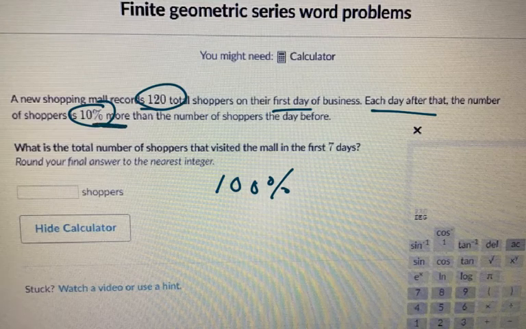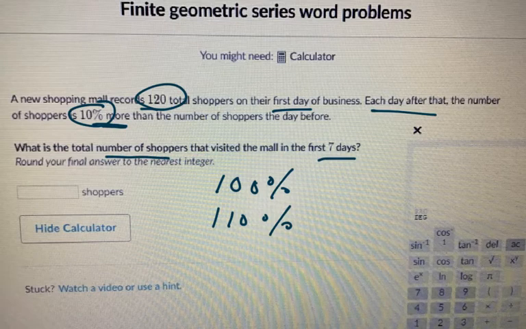For 10% more, that means I would do 110% to get everybody, including 10% more. So, they want to know the total number of shoppers after 7 days. Now, guys, because we are multiplying by that 110% over and over again, because it's growing by 10% each day, this is geometric, right? It's a multiply problem.